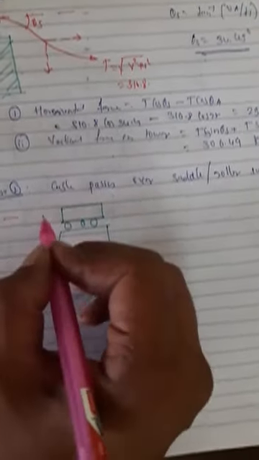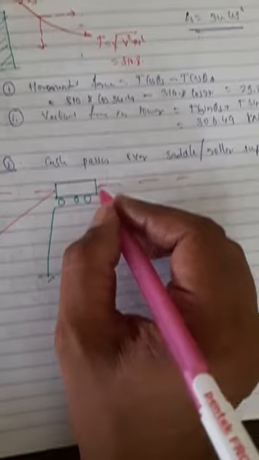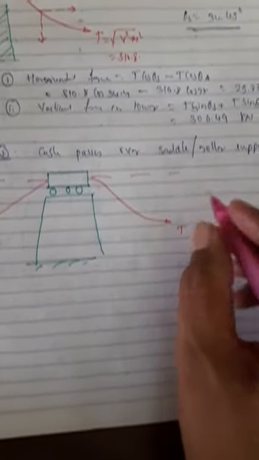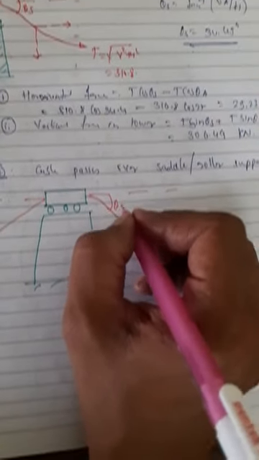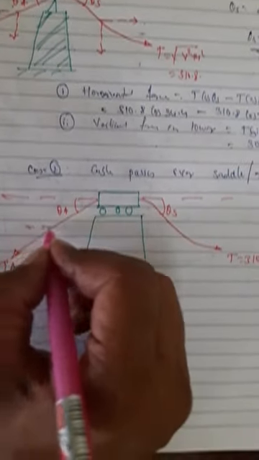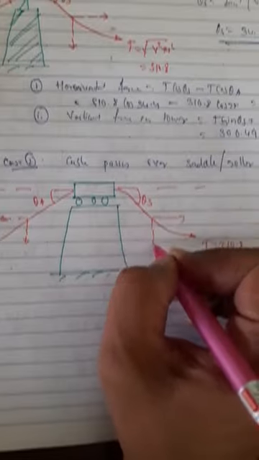Cables are at the center of the saddle. Since the cable on both sides is different, on this side the load will be TA, on this side the load will be T, that is T max, nothing but 310.8. Let this be theta S, theta A, resolution of forces.